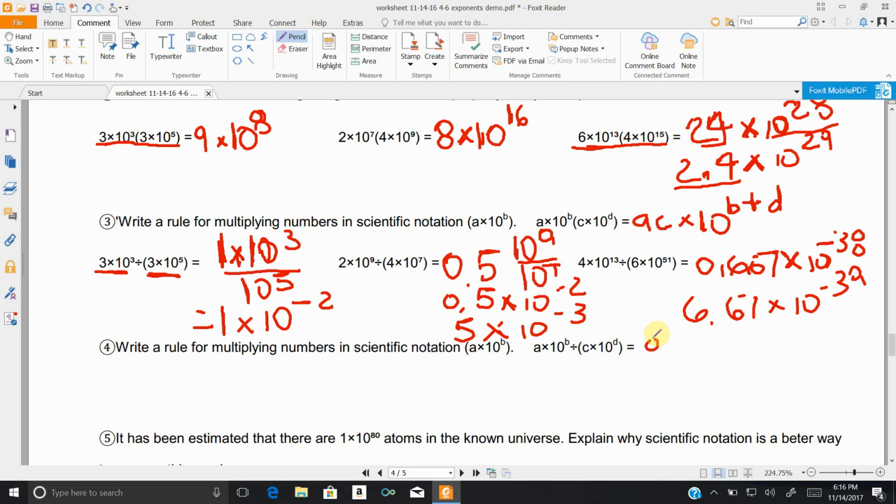So I do a divided by c times 10 to the b minus d, except that sometimes I may need to multiply the quotient by 10 and divide the exponential expression by 10, or subtract 1 from the exponent.